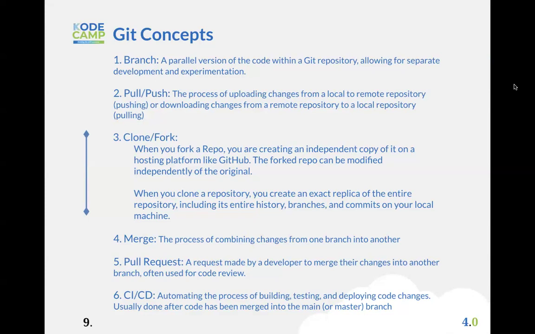Downloading it as it were, the entire history, all the branches and all the commits that have been made into your local repository is what we call cloning. Creating an exact mirror into your local repository is called cloning.